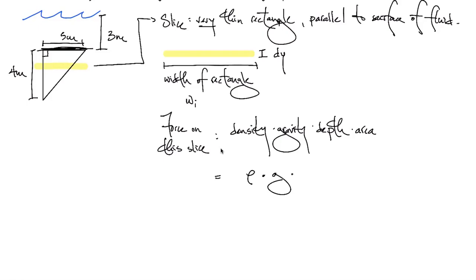Now, this depth part we'll talk more about on Monday, but there are a lot of different ways that you can set up your XY coordinate so that you get a specific depth equation, okay? So for right now, let's say that our depth for any random slice is going to be the minimum it could be, which is 3, plus whatever the y value is of that given slice.